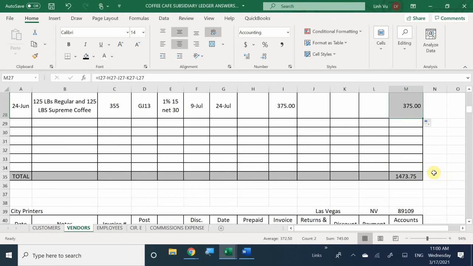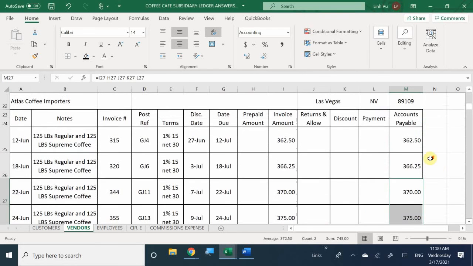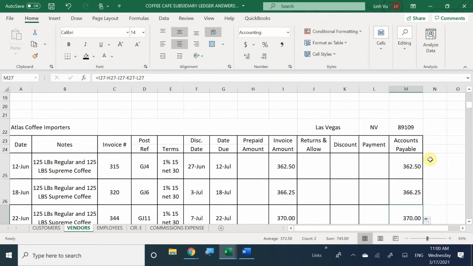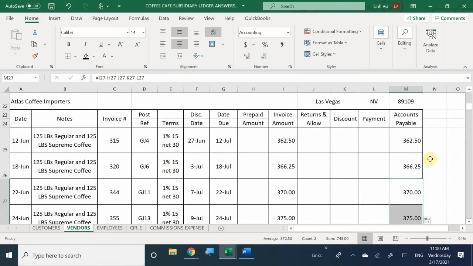So now we have a grand total of $1,473.75. And let's go ahead and double confirm and check it out here. So we're still good on every single one, right? Every single one. If we pay it now, we would make the discount period for all 4 bills.